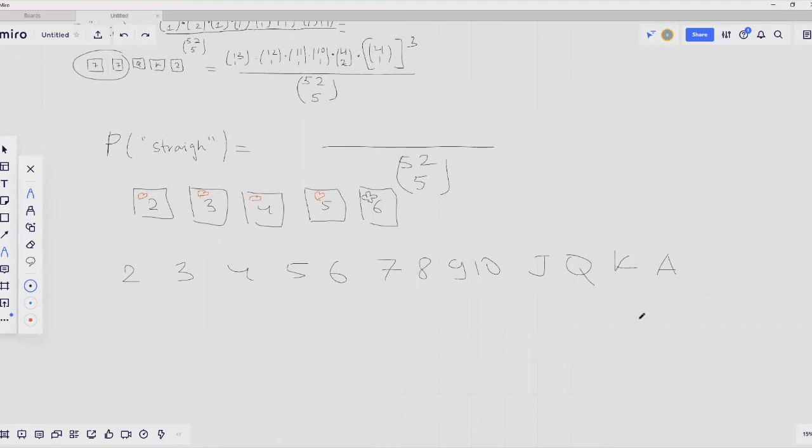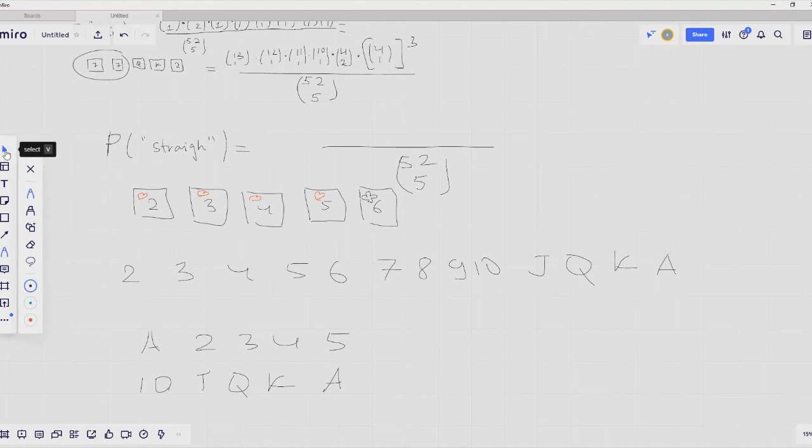One thing to notice is that ace might be considered as high or low. So ace, 2, 3, 4, and 5 is a straight, and so is 10, jacks, queens, kings, and ace. Here ace is counted as low, and here ace is counted as high.